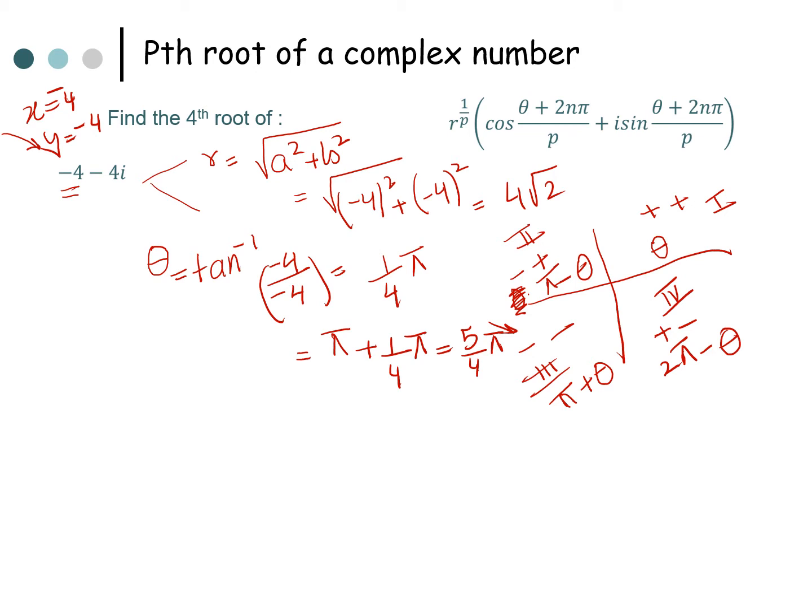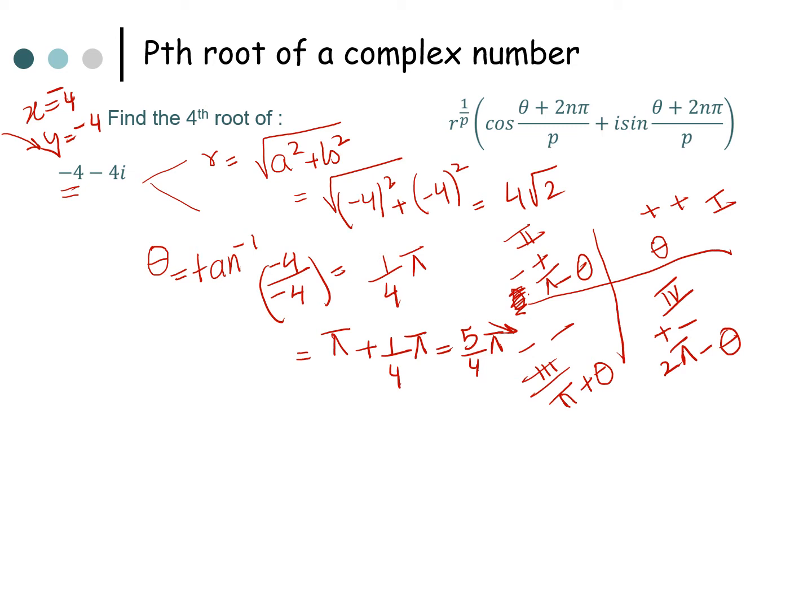Once you finish this, now find out the roots one by one. So you have 4 square root 2 as your modulus, and 5 pi by 4 is your argument.